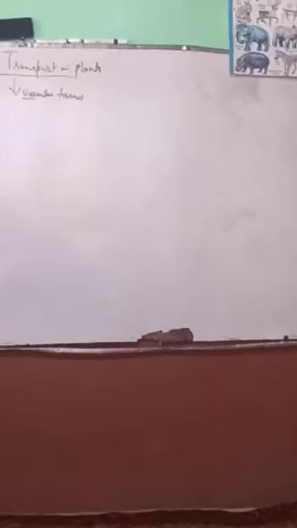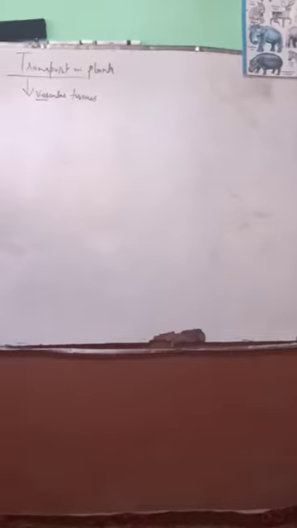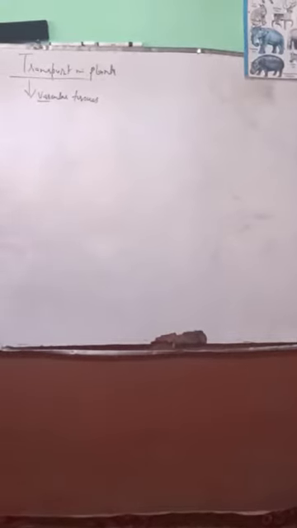Vascular tissues. So we have to see at what time we need these tissues. We know in any plant there are leaves which play a vital role in food formation. So the function of leaves is to prepare food in presence of sunlight.